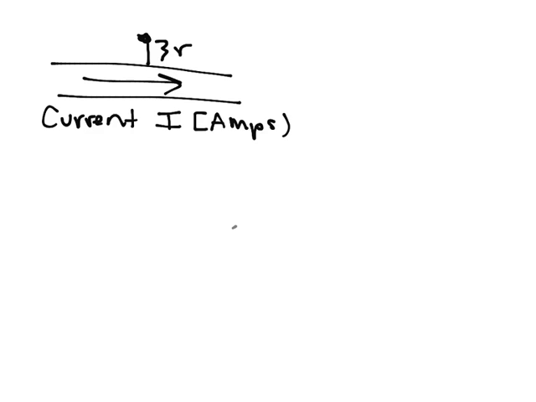If you do that, you'll notice it should be coming up on this side, going around, and then going back. So at this point right here, it's going to feel a field that is out. If you can imagine, this is out of the page.